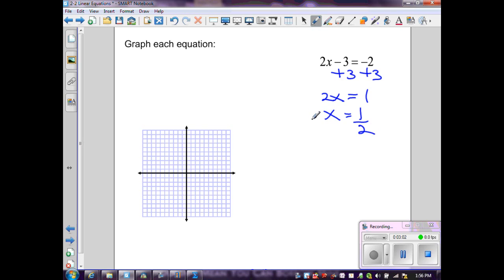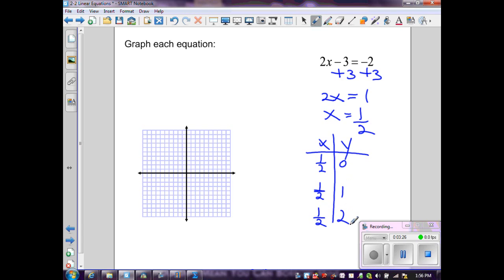Recall from previous slides, I know that if I have just a term of x, or an x variable, that I'm going to have a vertical line. And I know I can generate that by creating a table. My x values all have to be 1/2. I always create 3 points. And I can let my y value be anything.